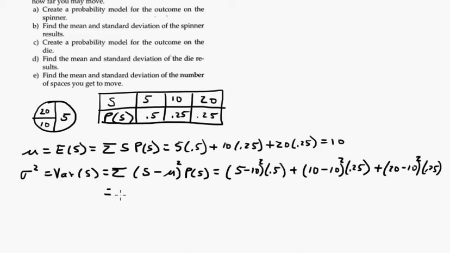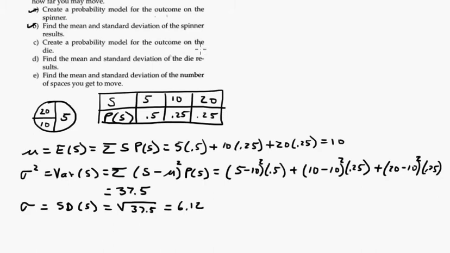This comes out to be 37.5. So the standard deviation of S is the square root of 37.5, and I get 6.12. So I think that's A and B.